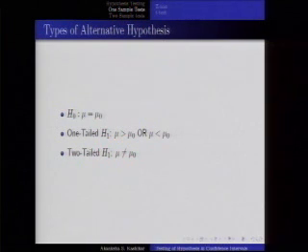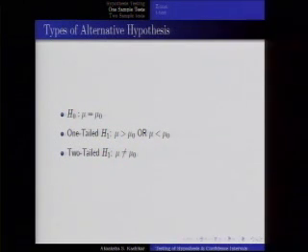Now there are null hypothesis and alternative hypothesis. For example, I want to test the null hypothesis mu equal to mu naught, that my population mean takes some specified value mu naught. Then there are two types of alternative hypothesis. One is known as one-tailed, another is known as two-tailed. So what is a one-tailed alternative hypothesis? It can be either mu is greater than mu naught or mu is less than mu naught.